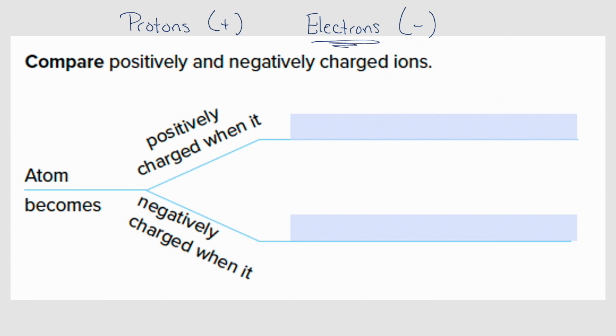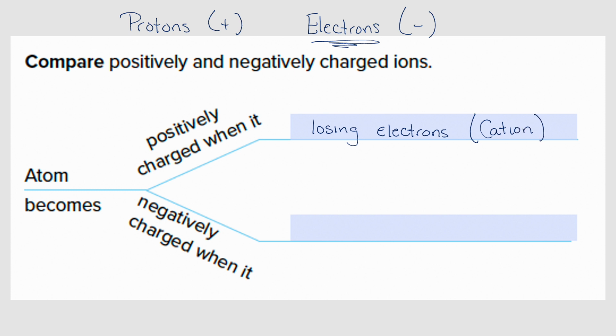When atoms become more positively charged, that means that we are losing electrons. Since we are losing negatively charged particles, the atom has more protons than electrons, meaning it is more positive. A positively charged ion is called a cation.